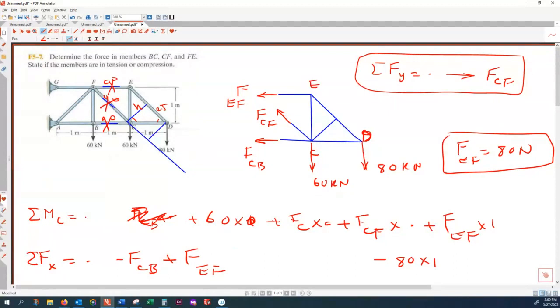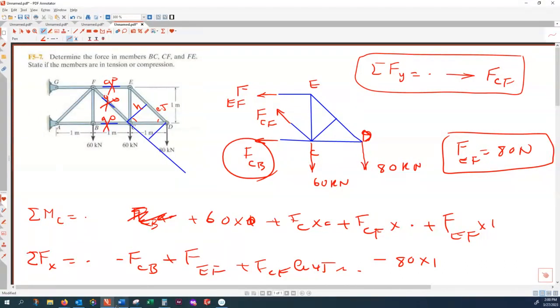And then you have to project FCF over 45 degrees. That is plus FCF cos 45 equal to 0, and that gives you FCB. So all three unknowns are found.